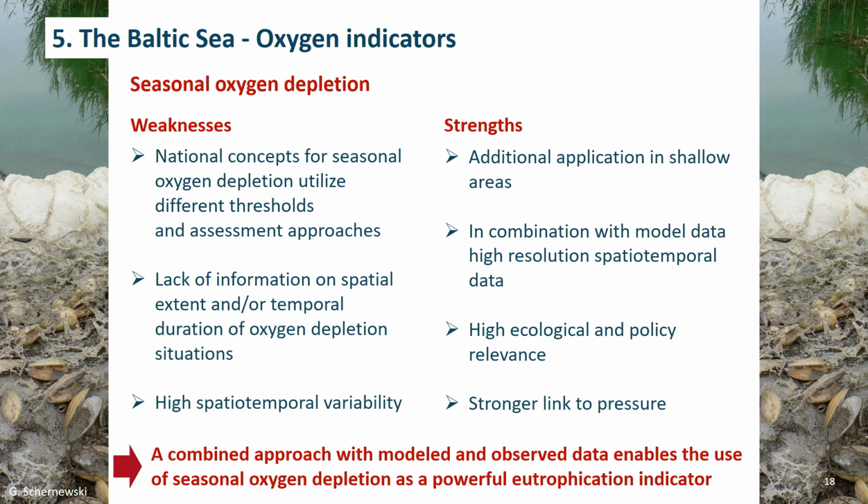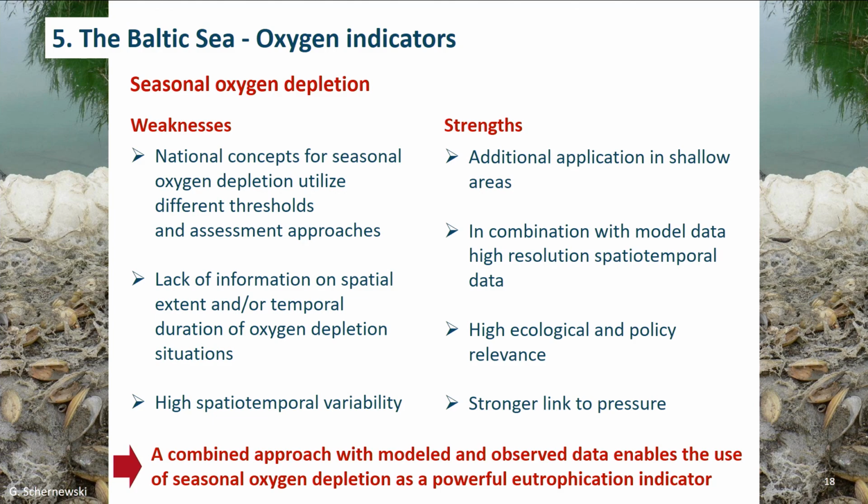At present, seasonal oxygen depletion as an indicator has still some weaknesses. Currently, there is no agreed-upon monitoring strategy. National concepts for seasonal oxygen depletion utilize different thresholds and assessment approaches. Seasonal oxygen depletion exhibits a high spatiotemporal variability, and due to limited in situ measurements, there is a lack of information on the spatial extent and temporal duration of oxygen depletion situations.